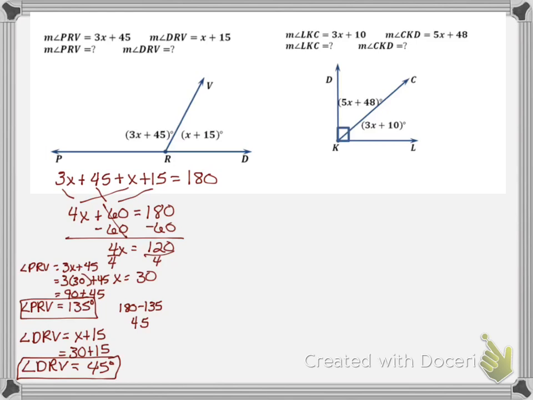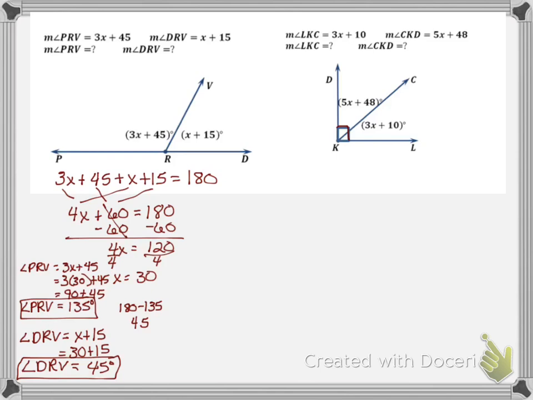On the next one, the measure of angle LKC equals 3x plus 10. The measure of angle CKD equals 5x plus 48. So we need to find the measure of angle LKC and the measure of angle CKD. Well, if you look here, we have this right angle, and so the two angles, if we were to add those together, they are complementary.